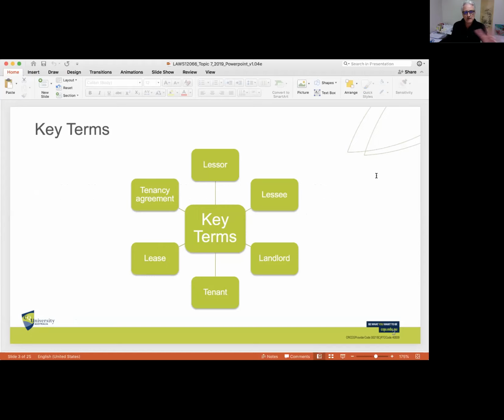Some key words there, as you can see, in relation to this. The thing about the topic on leases is that we use these phrases lessor, lessee, landlord, tenant to some degree interchangeably. And in commercial situations, and situations governed by what I'll refer to as the general law of leases, we refer to lessor and lessee under a lease, okay?